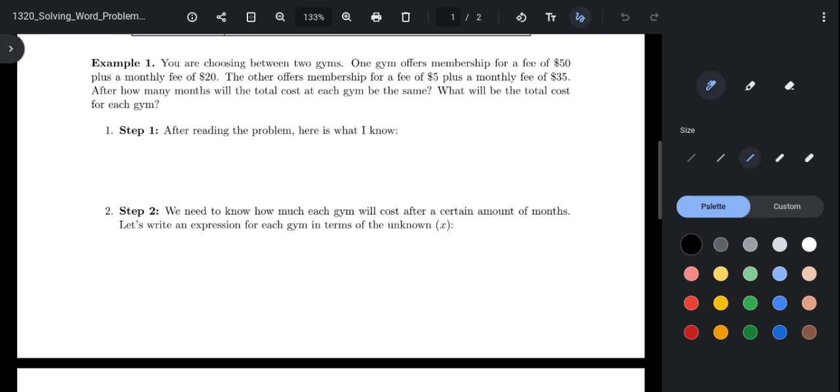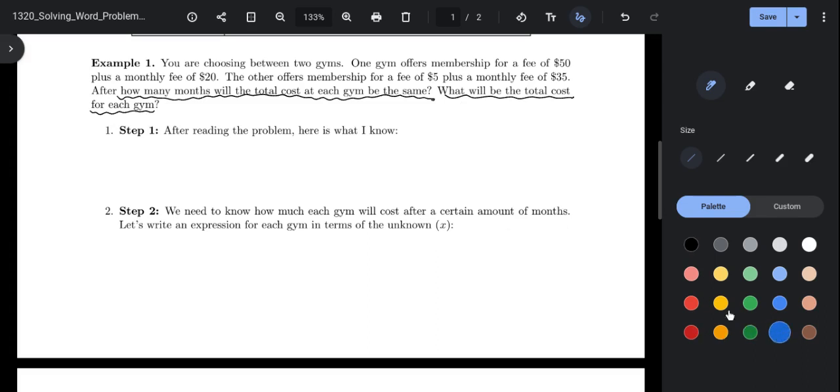So we have two questions that we're trying to answer here. The first one is, how many months will the total cost at each gym be the same? And then we're asked, what will be the total cost for each gym when they are equal?